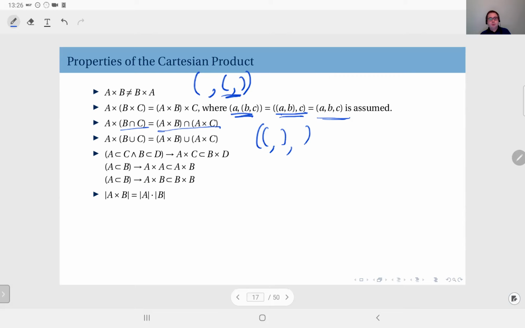And then the Cartesian product of A with B intersection C is equal to this one, which means Cartesian product distributes over intersection. And in the next one, we see that Cartesian product also distributes over union. I'm not going to prove this, not really that difficult. You can attempt yourself.